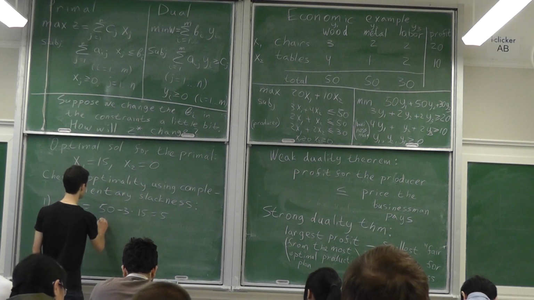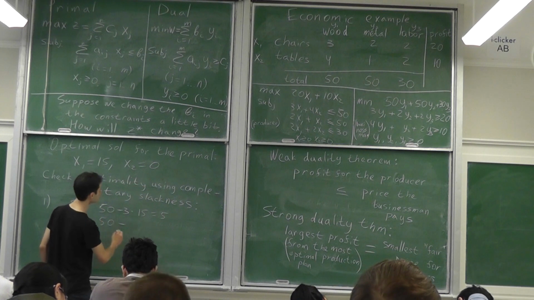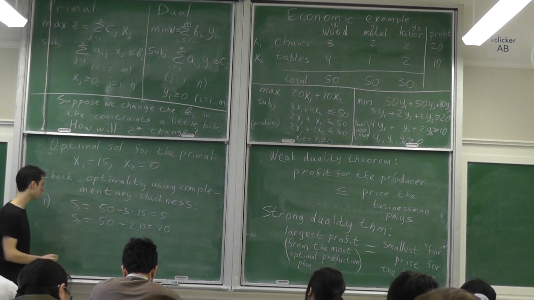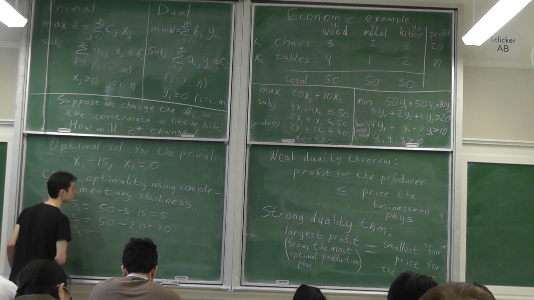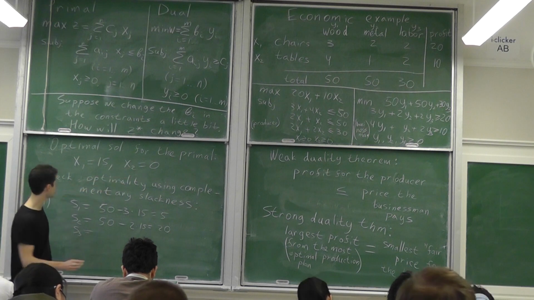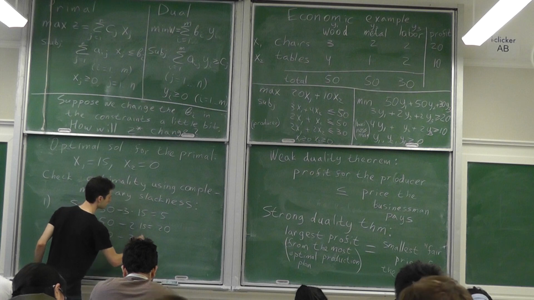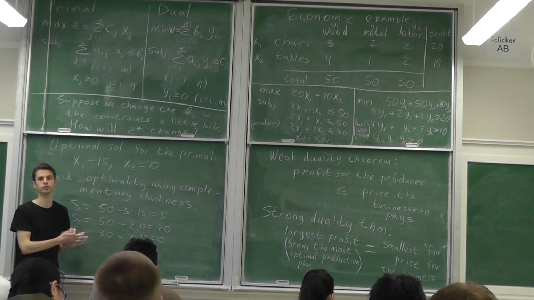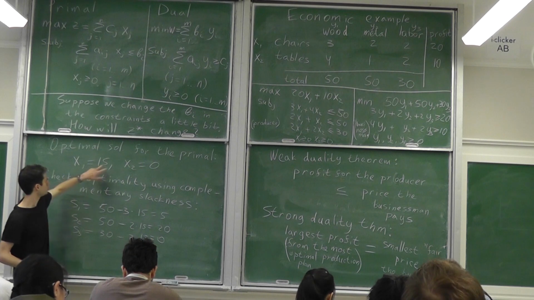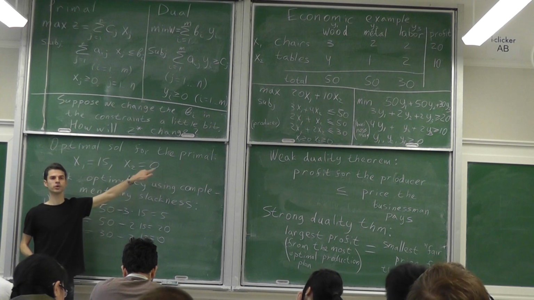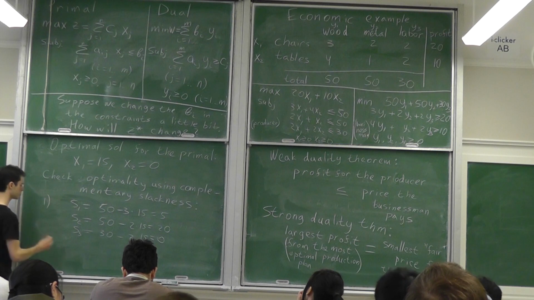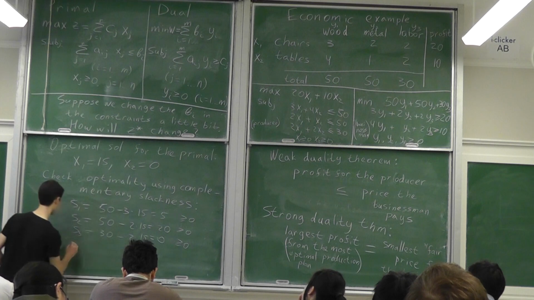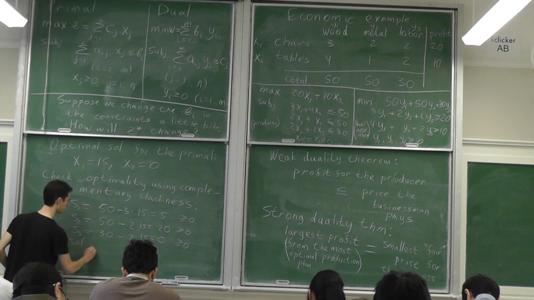The second constraint is 50 minus 2 times 15, 20, also a positive number. The last constraint is 30 minus 2 times 15, 0, still non-negative. So the last constraint is actually pushed to its limit. The slack variables are bigger or equal than 0, so the solution is feasible.